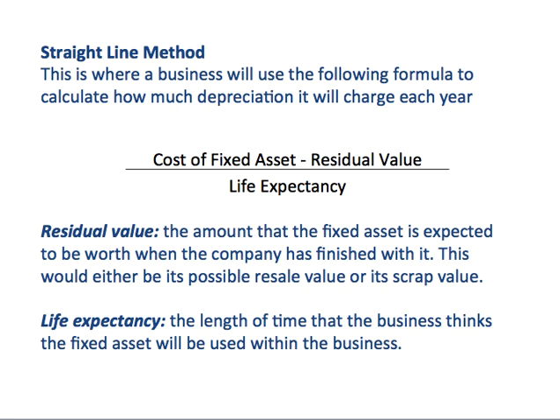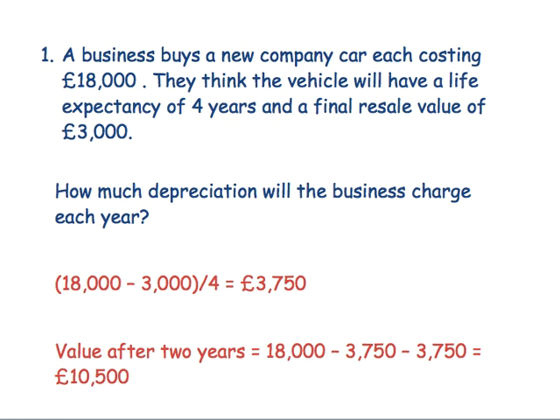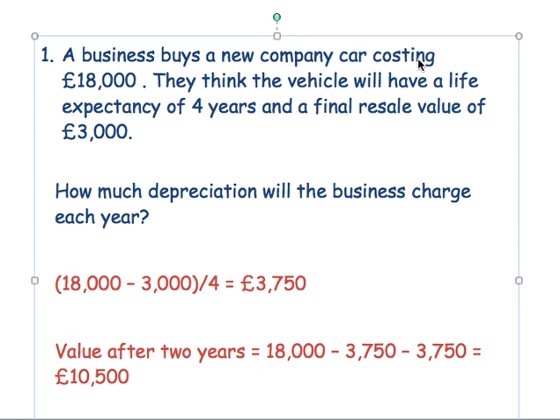And so if we've got an example here, a business buys a new company car costing £18,000. They think the vehicle will have a life expectancy of 4 years and a final resale value of £3,000.